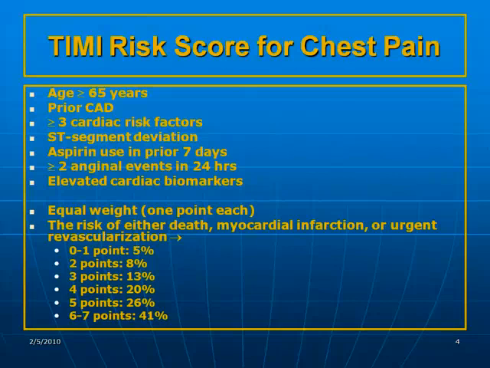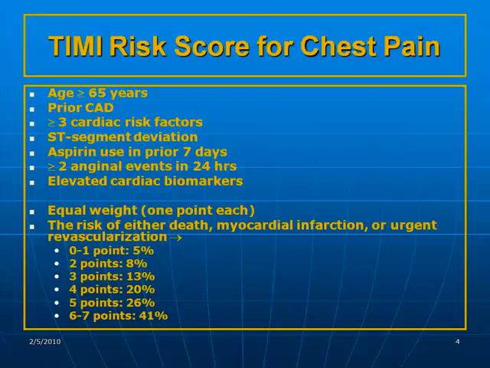But the TIMI risk score, as you see on slide 4, is a relatively straightforward approach where you can look at a number of risk factors, in fact 7 different risk factors. Each of those risk factors is given a weight of 1. So you add up the number of risk factors, and the maximal score that you can have is 7. The minimal score is 0.